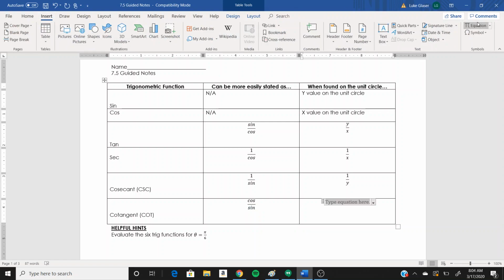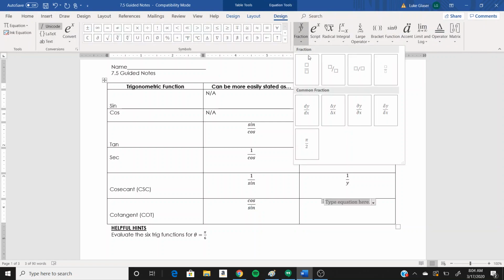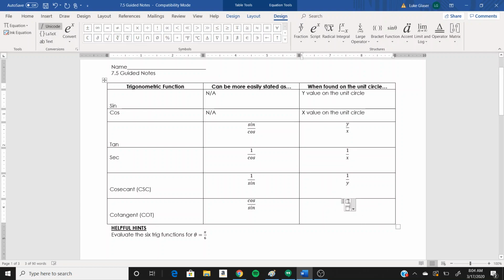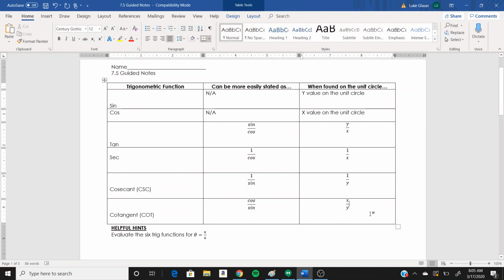Or, when we're looking at our unit circle, cosine is the same thing as x, sine is the same thing as y. So cotangent is whatever your x value is divided by your y value.